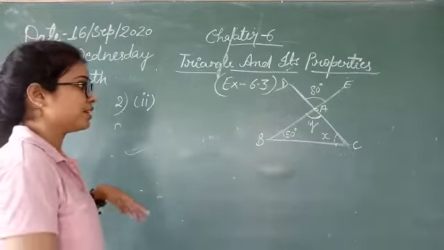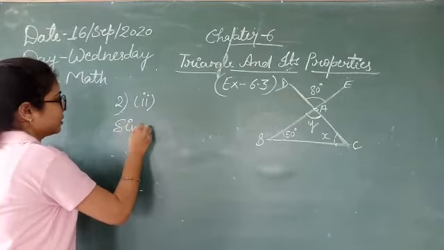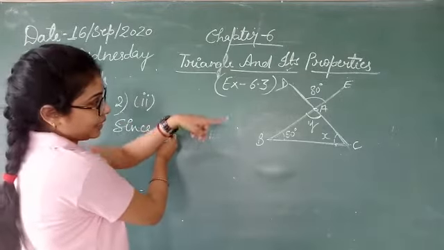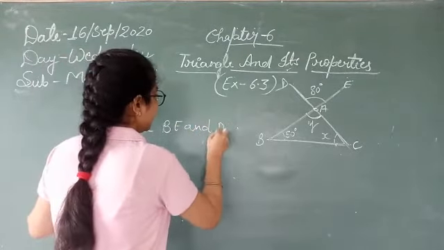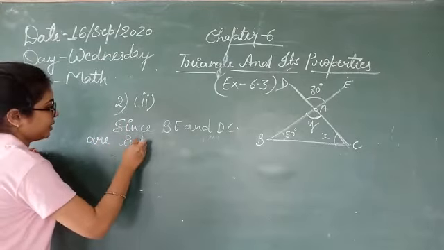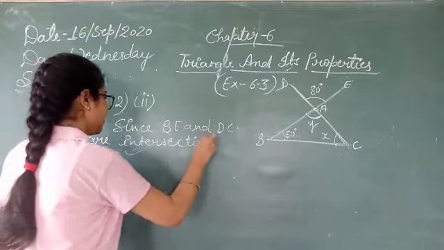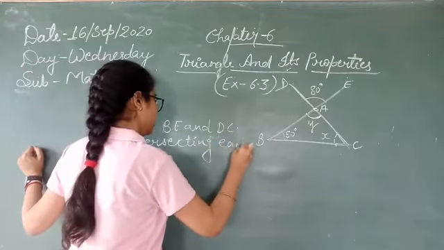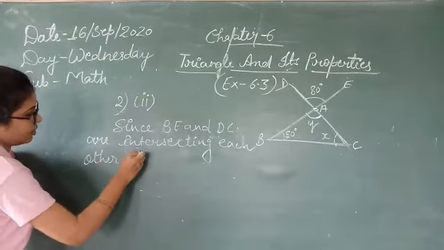So first of all we will write that since BE and DC are intersecting each other at which point?